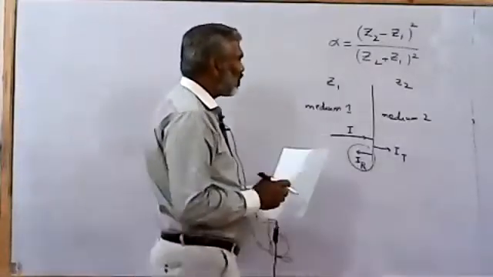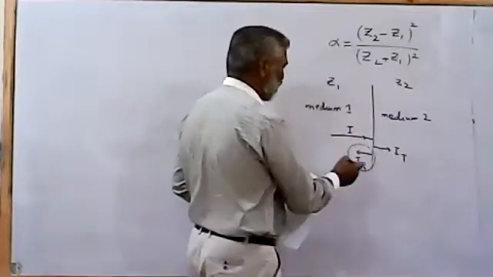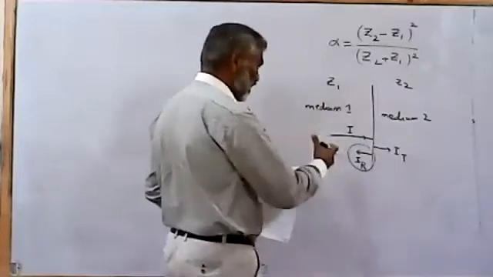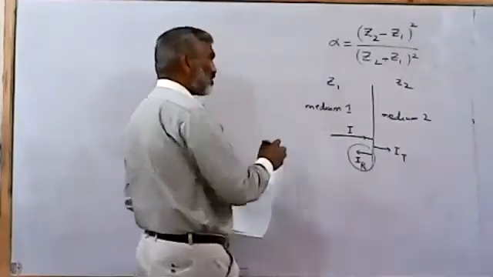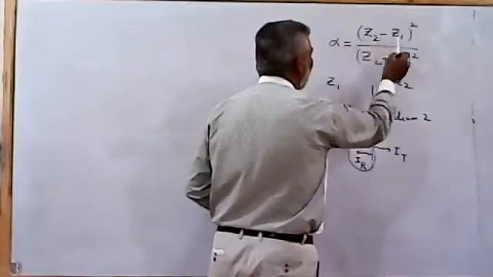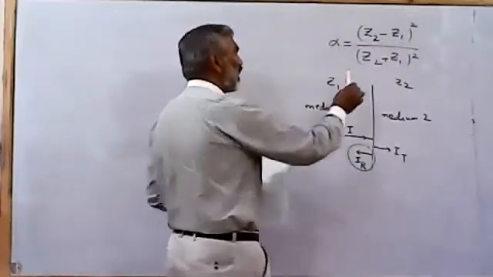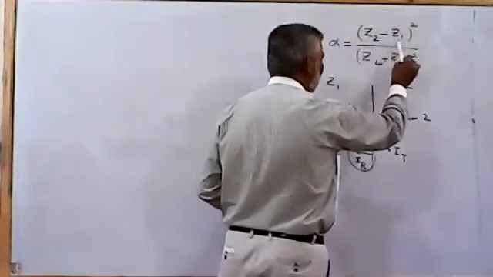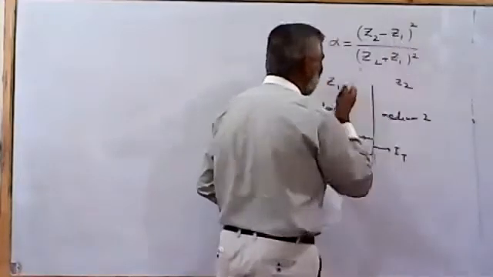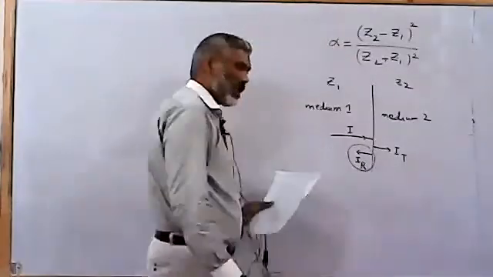You can see what happens to the reflection coefficient alpha, which means what fraction of the incident intensity will be reflected back. It depends on the difference of these two. If they are very different numbers, for example Z2 is a very large number compared to Z1, then this number naturally will be large.